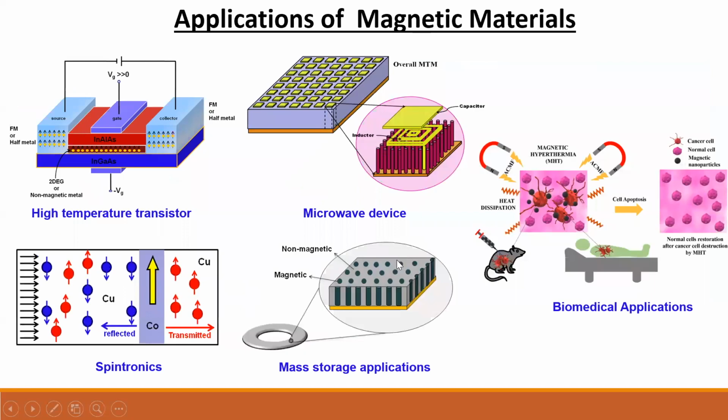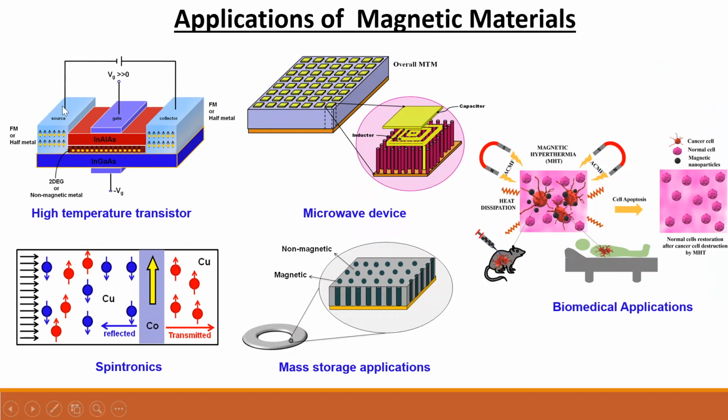Okay. So the next slide explains the various applications of these magnetic materials. And as I already said, these materials have a wide range of applications, such as magnetic thin films that can be utilized as source and drain in spin FETs, which can overcome conventional semiconductor technology.